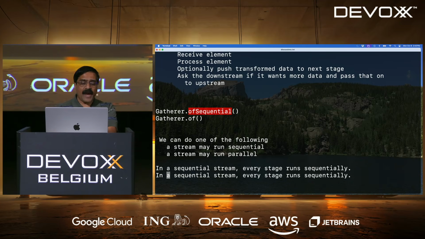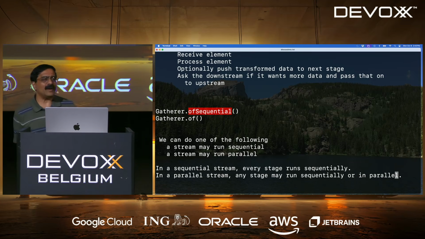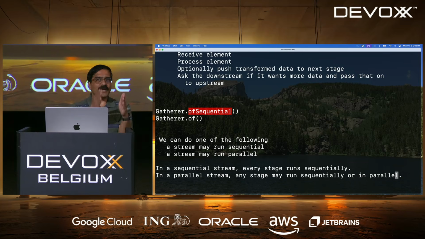In a parallel stream, any stage may run sequentially or in parallel. Just think about that for a minute. You have a parallel stream, but a parallel stream doesn't mean every stage has to be parallel, right? For example, I have a filter.